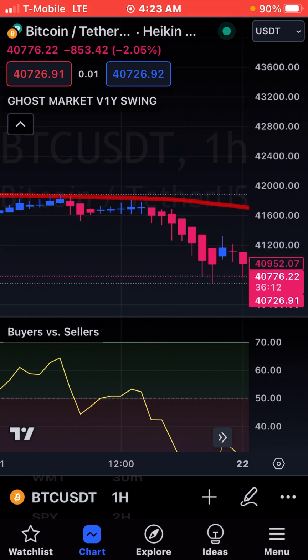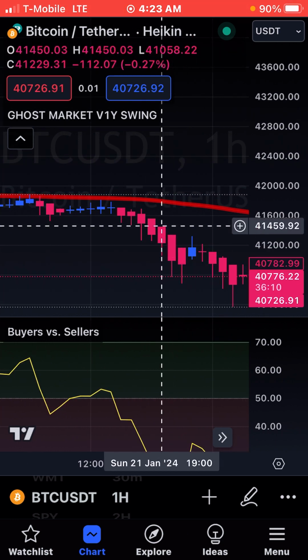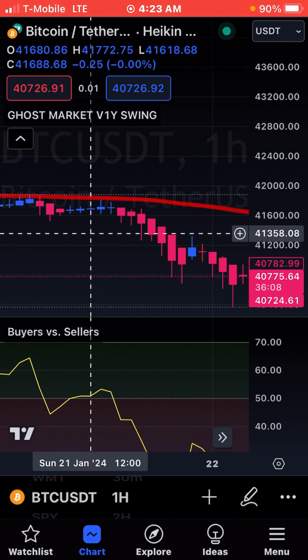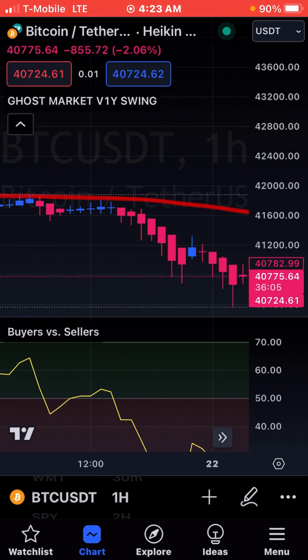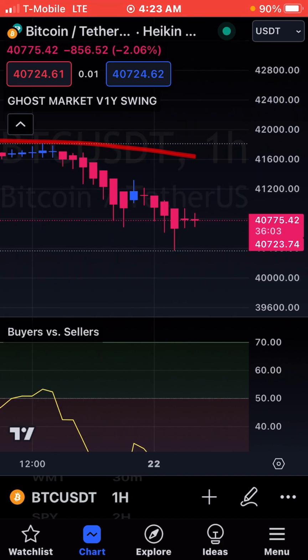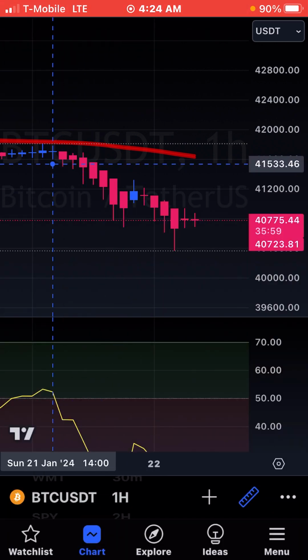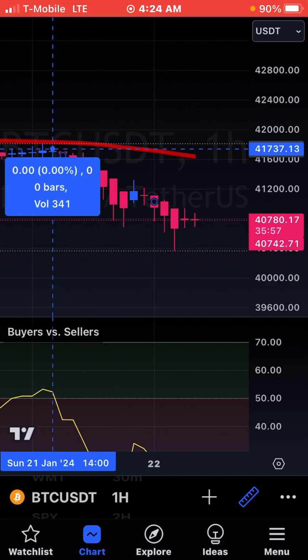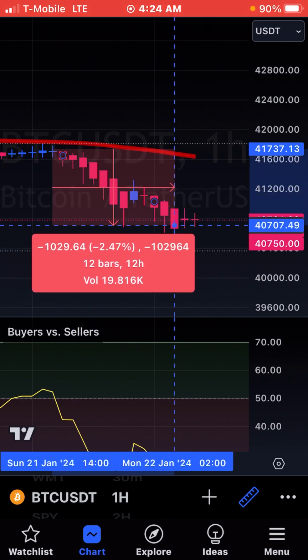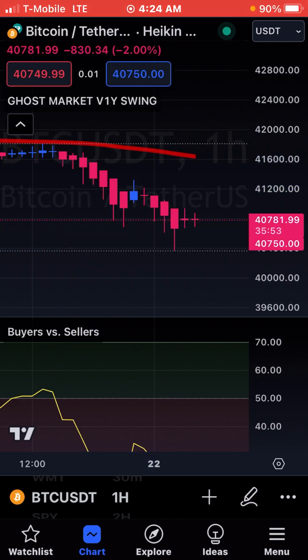So what we can see right here, the buyers become sellers. So you could ride this whole thing out in a leverage trade. You won't make money any other way doing it here, but you could ride this whole thing out and make profit on that.